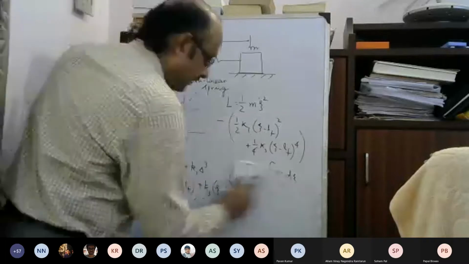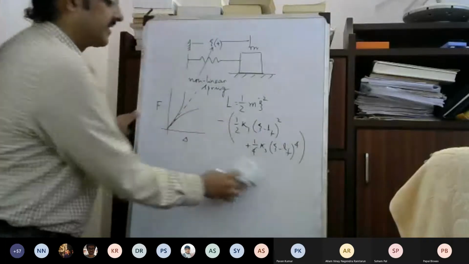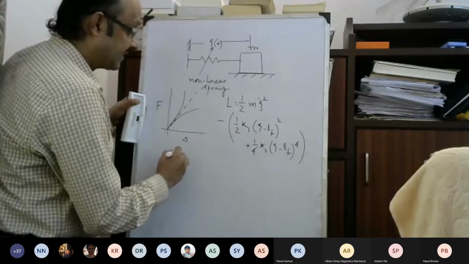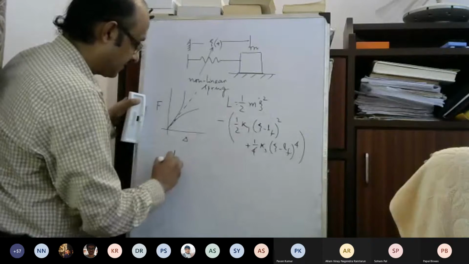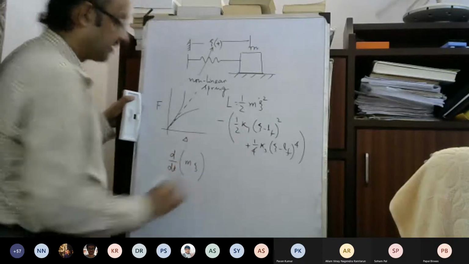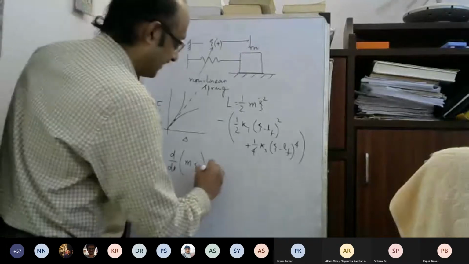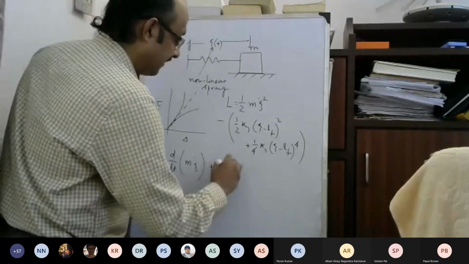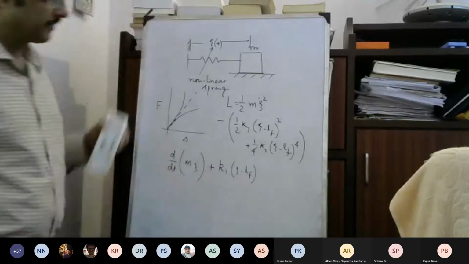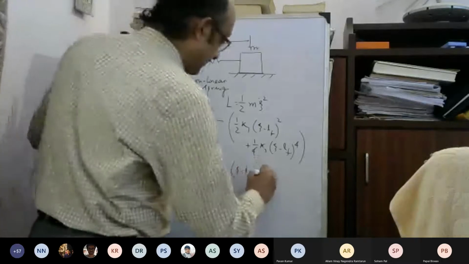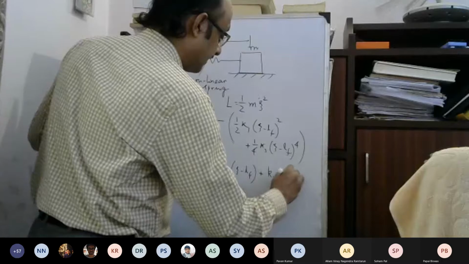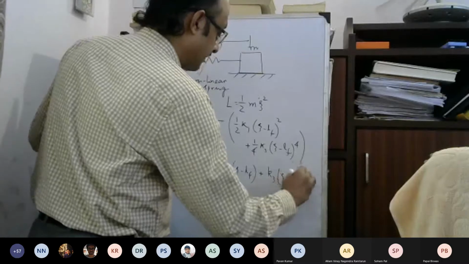Alright. So here, if I take this expression, then I can get the del L del zeta dot. So this becomes equal to d dt of m zeta dot, minus of minus, so therefore this will be K1 zeta minus Lf, okay, plus K3 zeta minus Lf cubed.